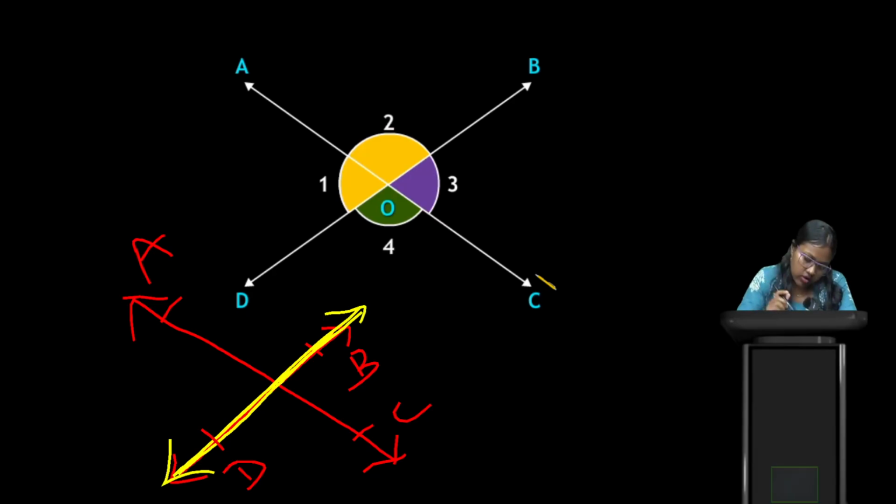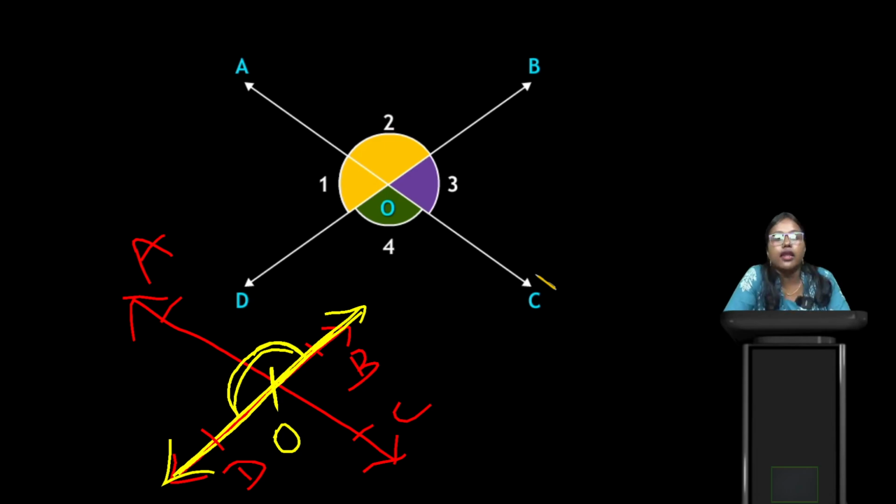Now if I focus only on the BD line, how much angle will it generate at O, as it is a straight line? Very good, 180 degree, because it is a straight angle. When the line is straight, the angle formed is 180 degree.